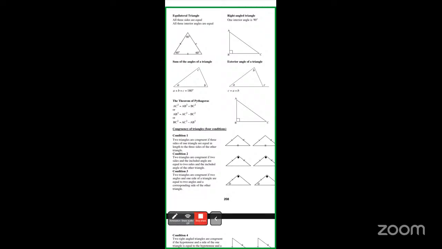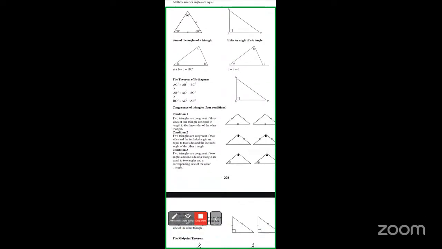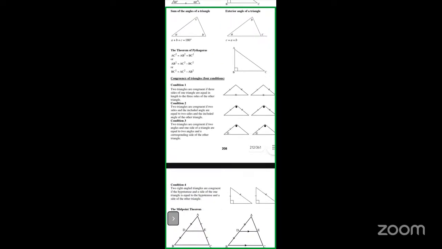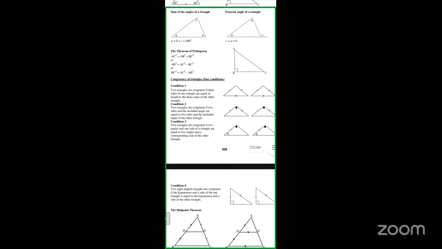Then from there, we move to the congruency of triangles, whereby we have 4 conditions that can be satisfied in order for you to show that 2 triangles are congruent. Condition 1 says that 2 triangles are congruent if the 3 sides of one triangle are equal to the lengths of the 3 sides of the other triangle.